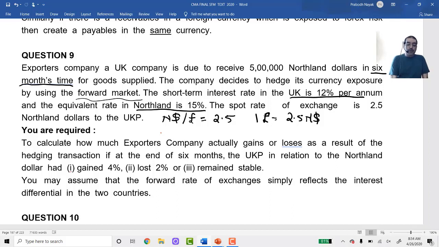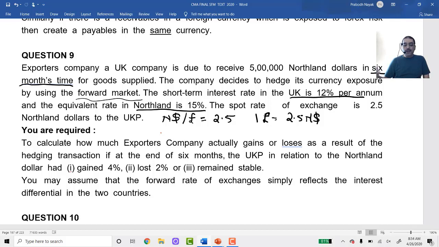The pound has gained 4%, so this will be 2.5 plus 4%. The pound has lost 2%, so 2.5 minus 2%. And the pound has remained stable, so the pound is equal to 2.5 Northland dollars.